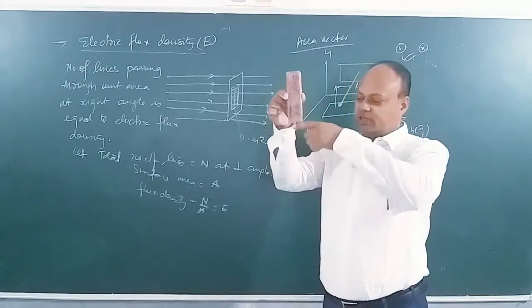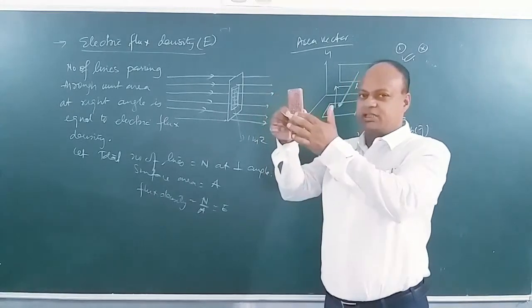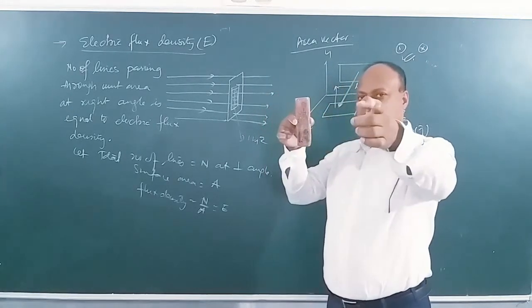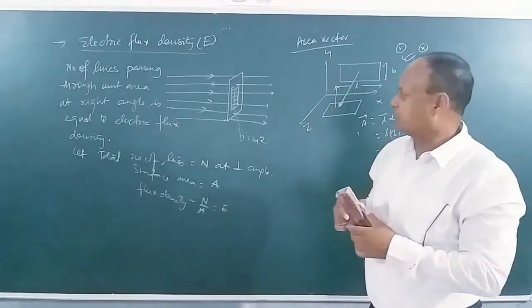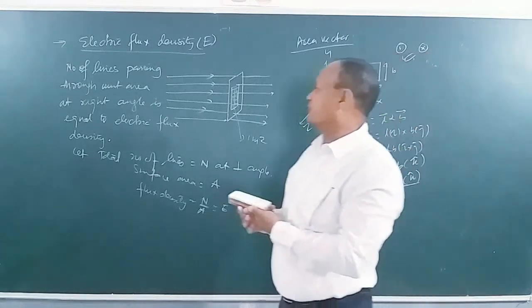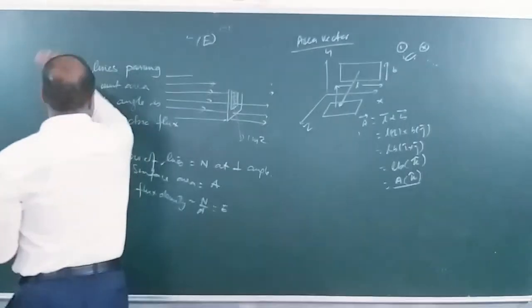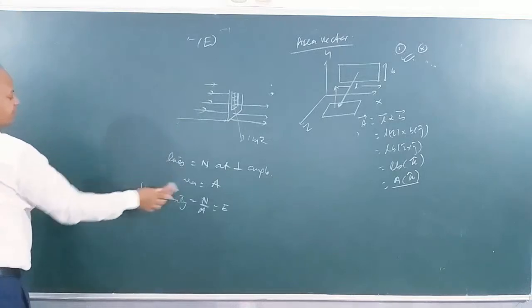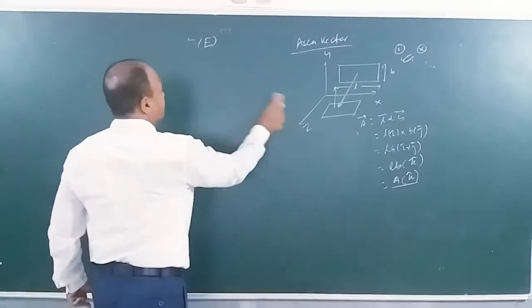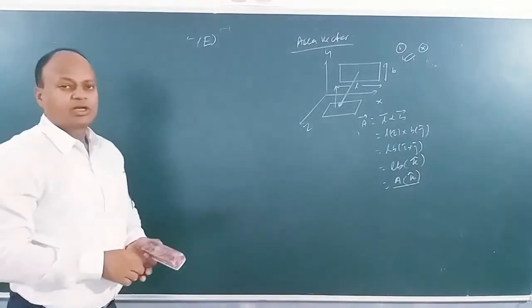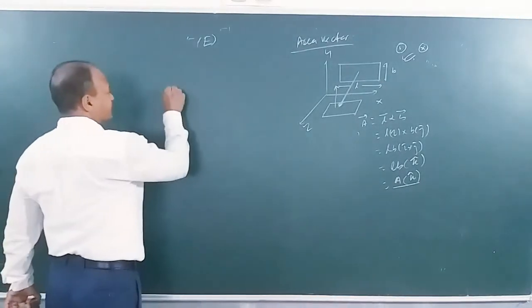For this surface, area is down into the floor. And for this surface, the area vector is toward the camera. So you should be careful about this area vector. Area vector is only directed perpendicular to a given area. If I consider three-dimensional space, suppose I consider three-dimensional space like this.